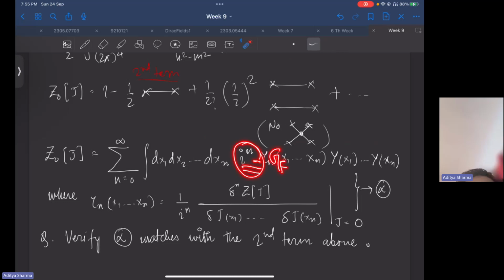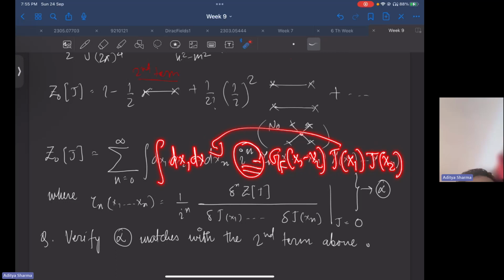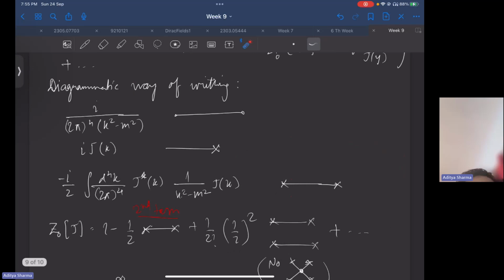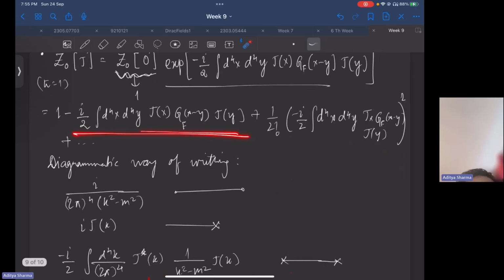This is g f of x1 minus x2, and here I am going to have j x1 j x2. This I'm going to write this side, and I have the integral of dx1 dx2, and this is the same as this.